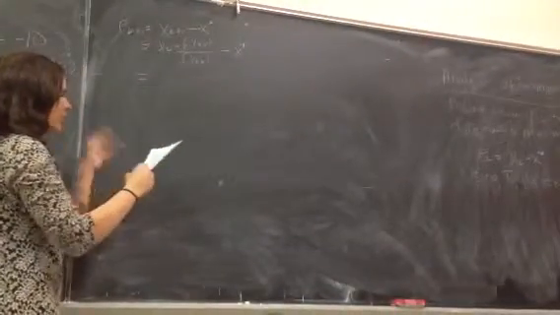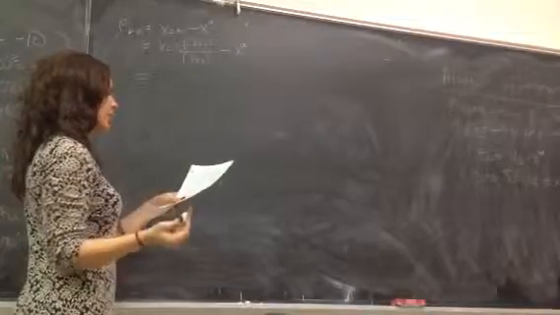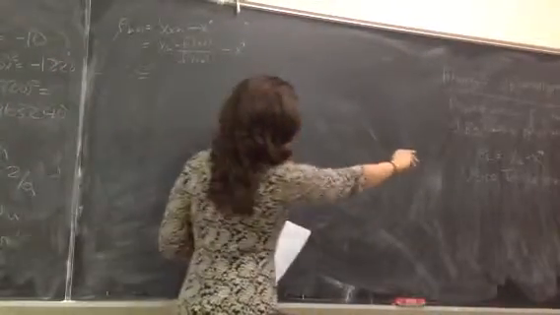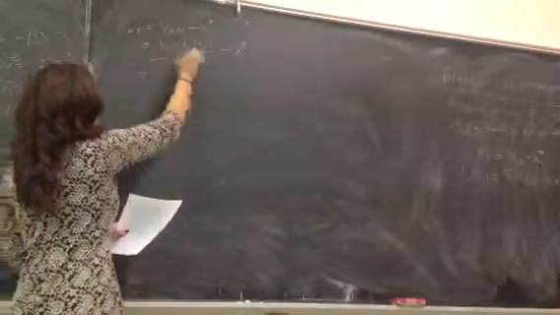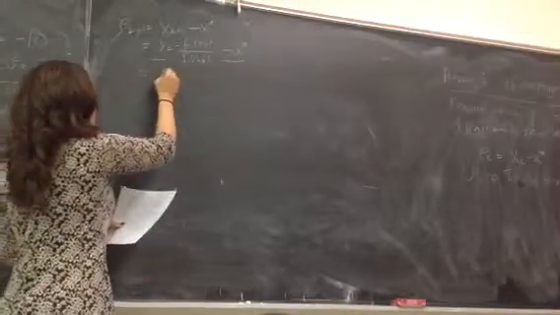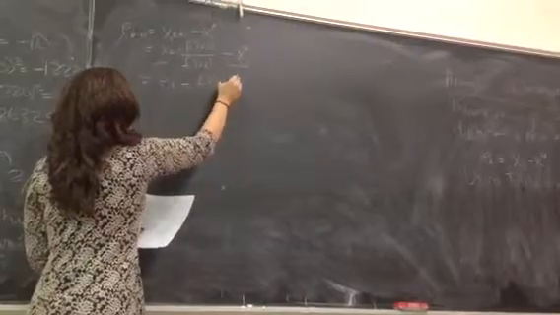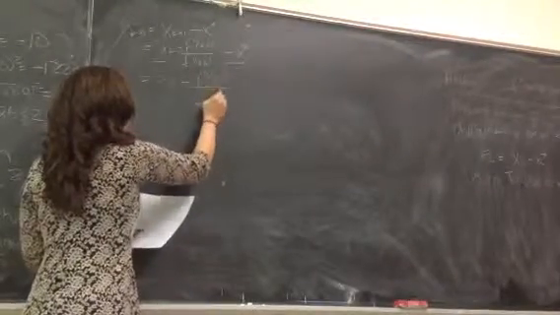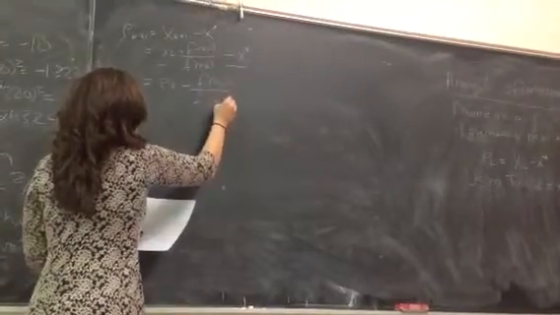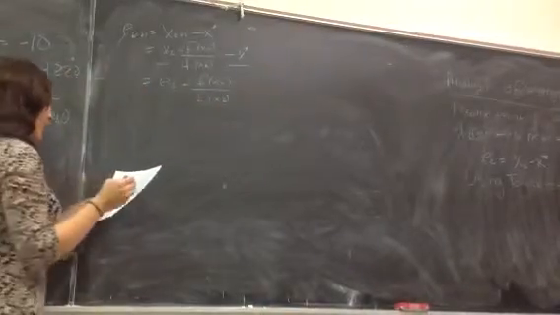Now, we already know that we can express e_k as x_k minus x star, so we can just call that e_k minus f of x_k over f prime of x_k.